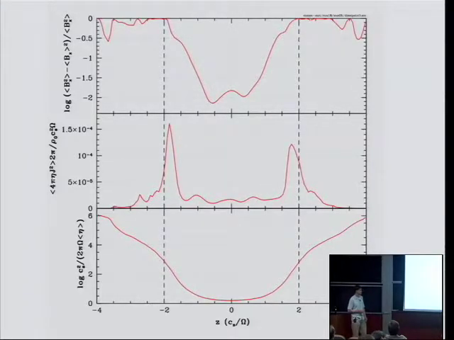Okay. How much would those codes differ if you had infinite resistivity in the midplane? You'd still have some potential field. Yes.